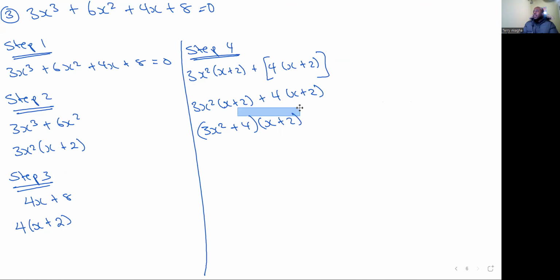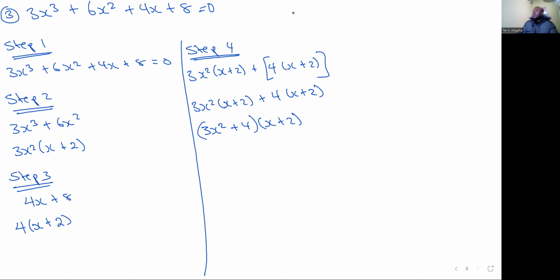So I highlight all this, bring it down. I'm trying to get all of it. Oh, it's not working.